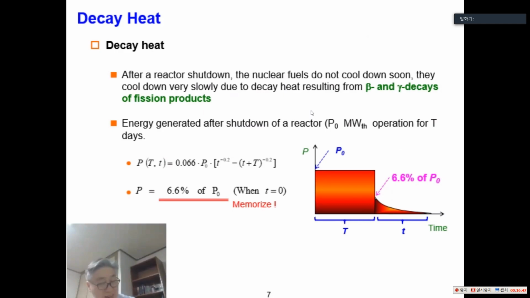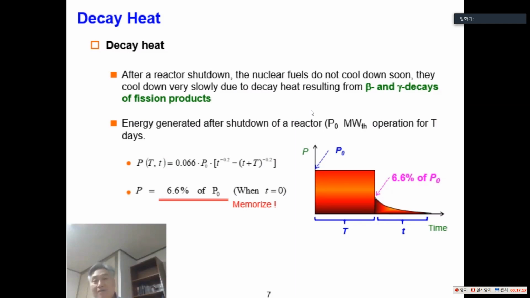So 66 megawatt is power enough to supply Jeju Island. Okay, Jeju Island. So when just one nuclear reactor shuts down, the level of decay power is enough to supply the whole Jeju Island. So the decay heat is quite a large number.